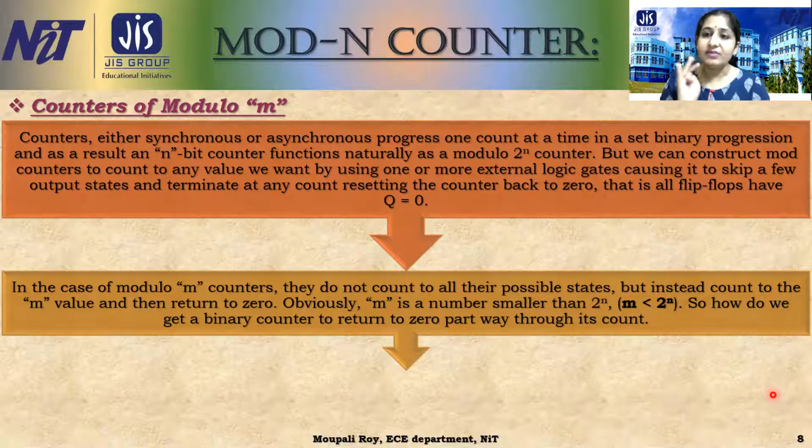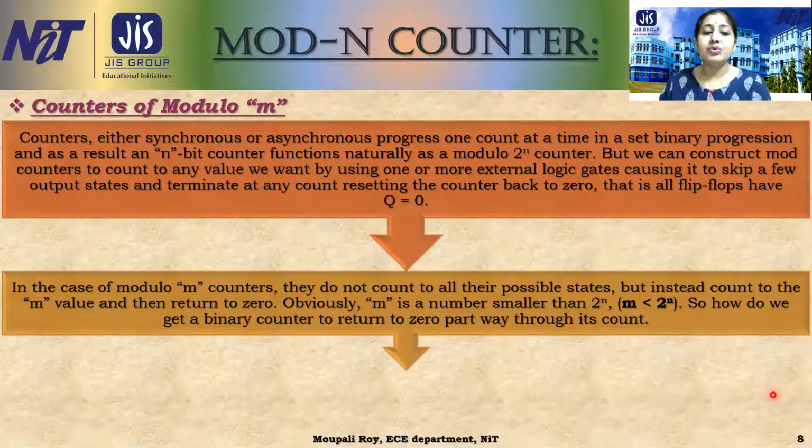That means the value of m is 5 there. So 2 to the power n is equal to 2 to the power 3, that means 8. So m is less than 2 to the power n. That means for counting 5, we want to take the 2 to the power 3 form.